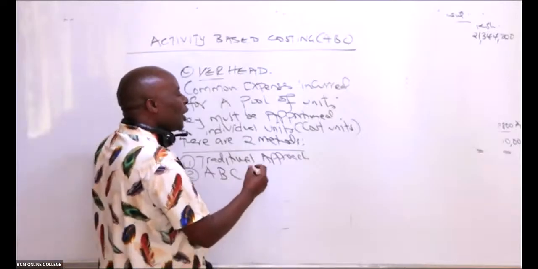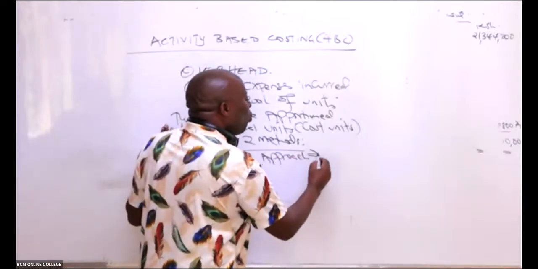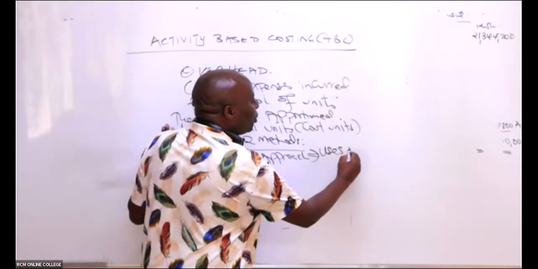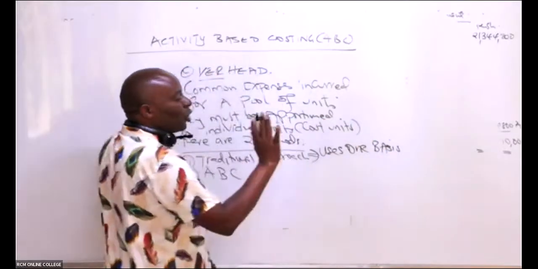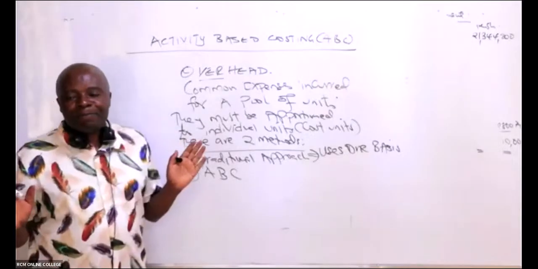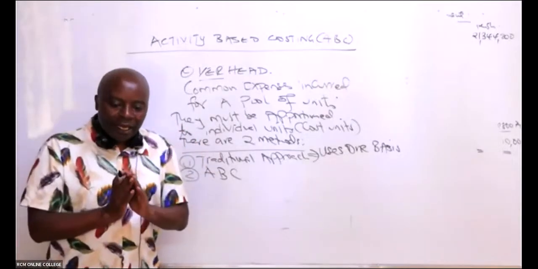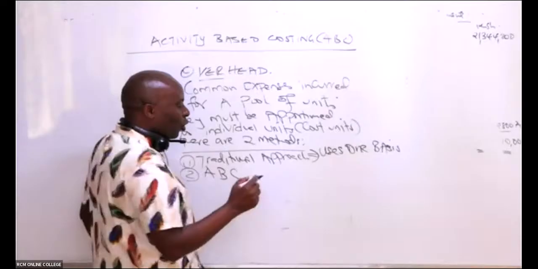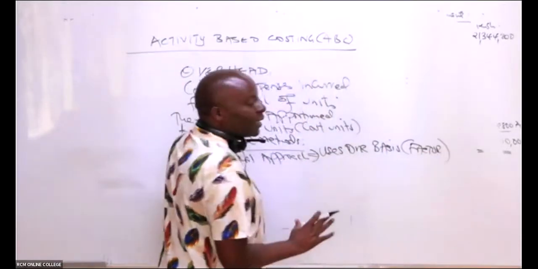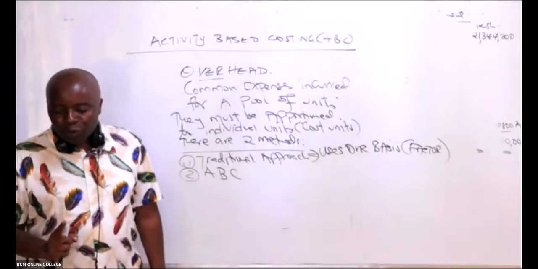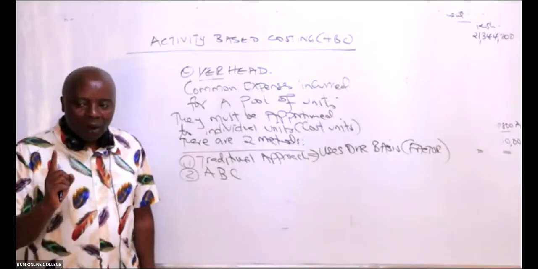Traditional approach, ladies and gentlemen, uses only one basis to apportion the entire overhead. It uses one factor. It can say, for example, we are going to be using labor hours.